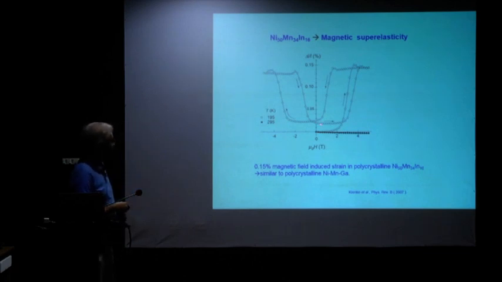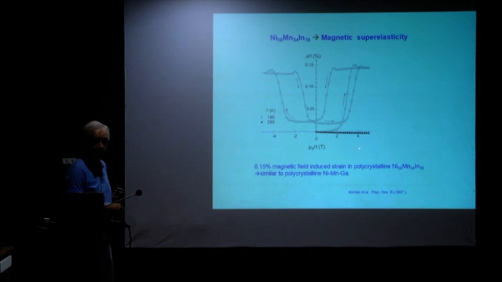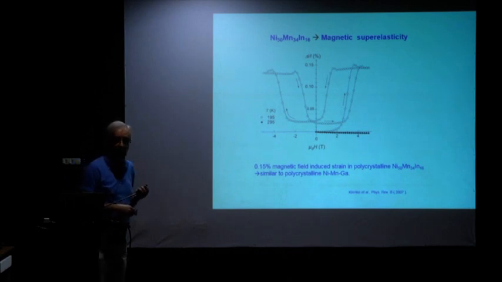Yeah, we go up and down like that, and if we look at the strain in a magnetic field, this is the strain, and at room temperature we're in the pure austenite state, in the pure cubic state, so nothing really happens. There's hardly any magnetostriction, compared, of course, to the strain that we get when we have the field-induced transformation.